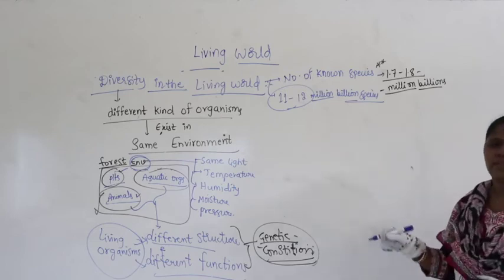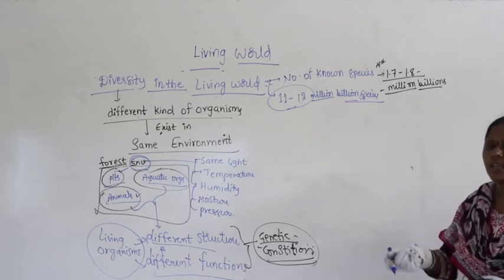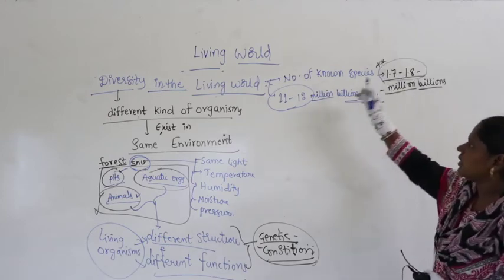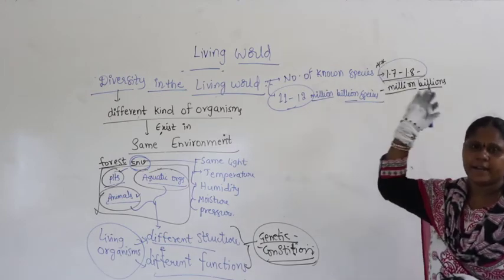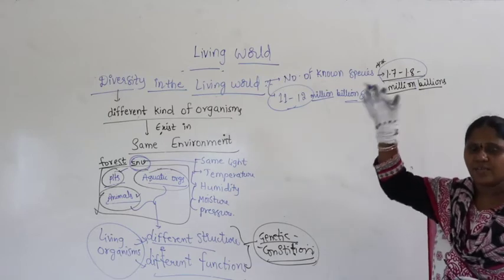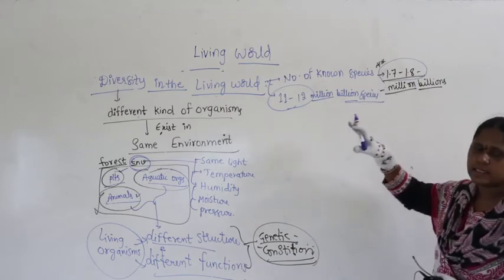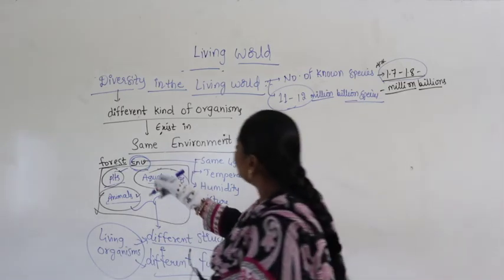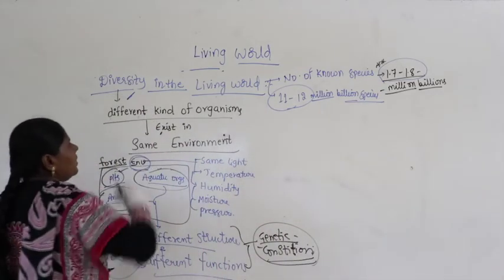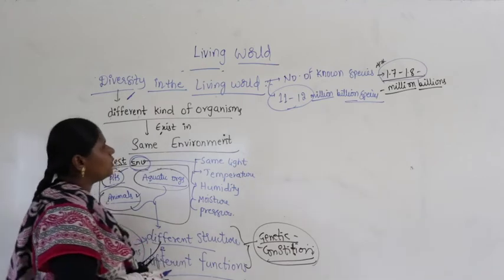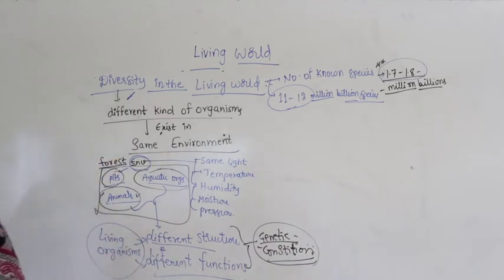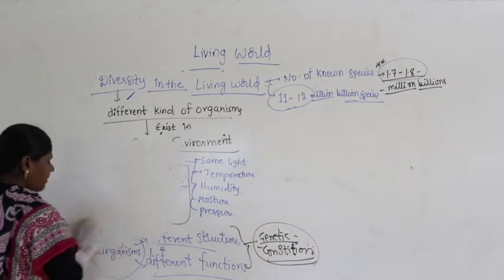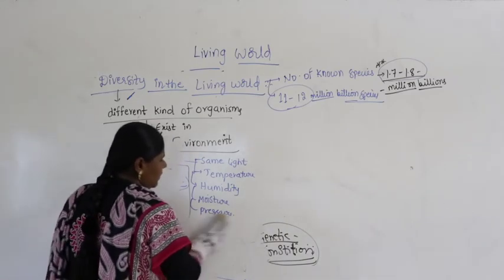But so far our scientists have identified, and we know about, only 1.7 to 1.8 million species. That means we still have to identify 10 or 11 million species existing in different parts of the world, right. So, when you talk about diversity in the living world, we have to go with the concept called taxonomy. That means identification and classification of organisms; we have to study taxonomy.